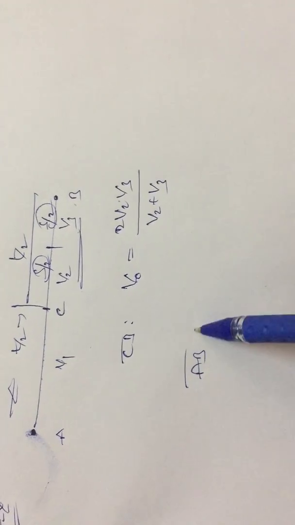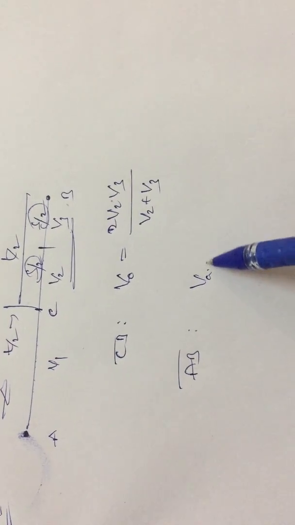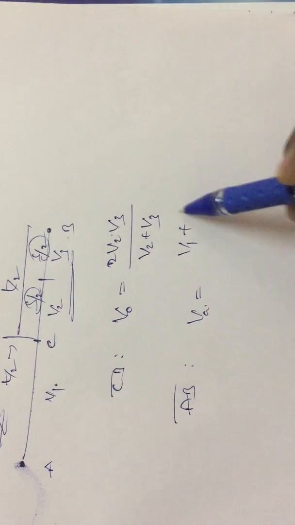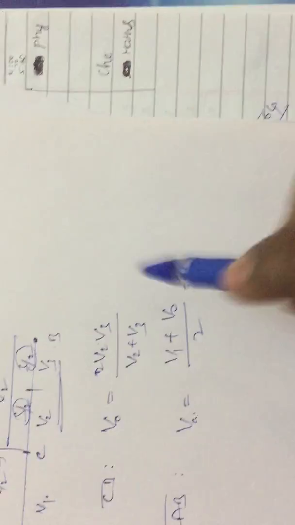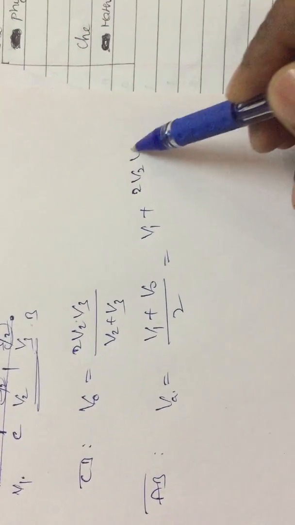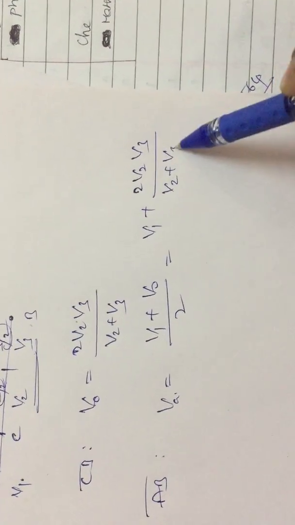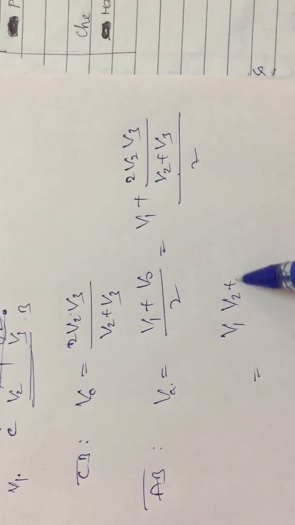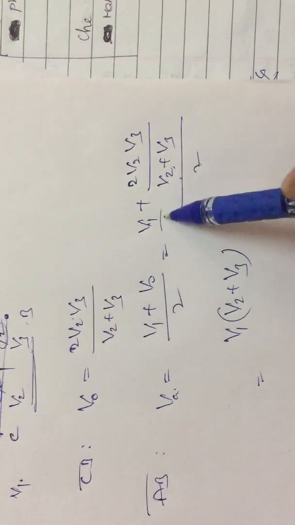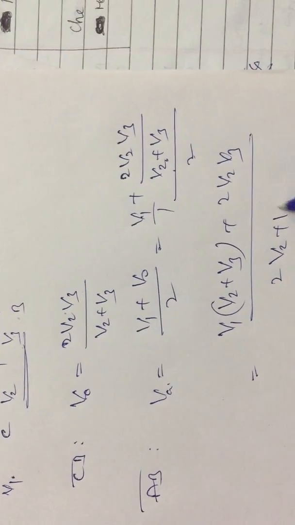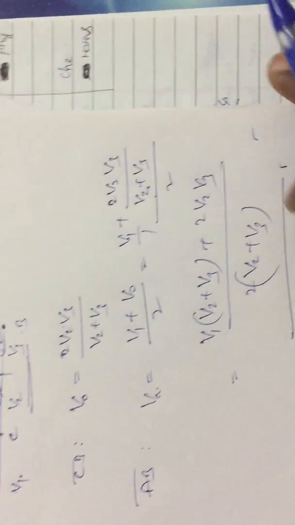Now for the complete journey AB, as the time intervals are equal, V average is the sum of the speeds by the number of speeds: V1 plus V naught, where V naught is 2 V2 V3 by (V2 plus V3), whole by 2. So the answer is V1 plus 2 V2 V3 by (V2 plus V3), all by 2. This is the answer for this kind of model question.